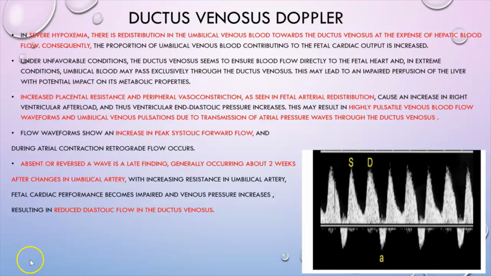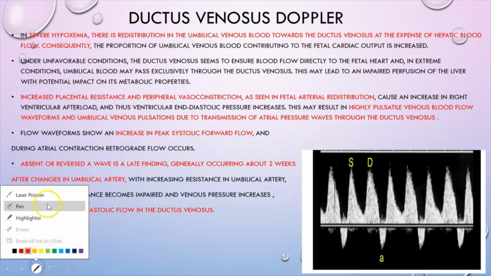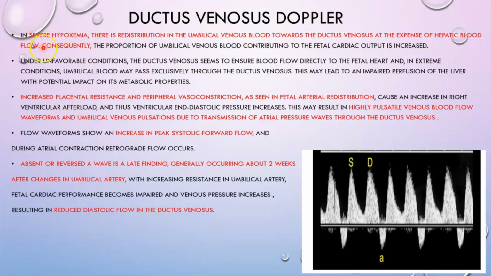Now friends, let's study the changes which occur in ductus venosus Doppler. What happens in severe hypoxemia? There is a redistribution of the umbilical venous blood towards the ductus venosus at the expense of hepatic blood flow. Consequently, the proportion of the umbilical venous blood which is contributing to the fetal cardiac output is increased.